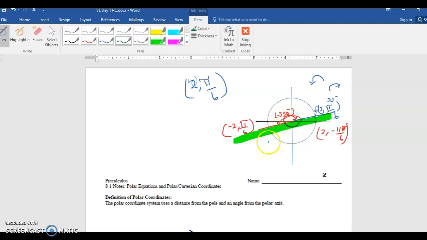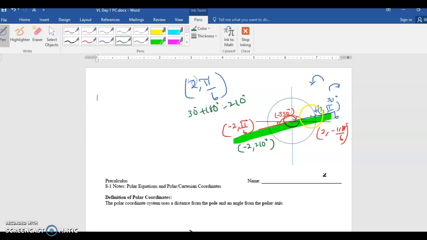That's what I was trying to mention before. So you could add 180 to this particular 30 degrees to get 210 degrees. So the same thing is negative 2 and 30 plus 180 is 210, right? So 210 degrees is the other thing. Now you have 4 representations of the same polar coordinate.